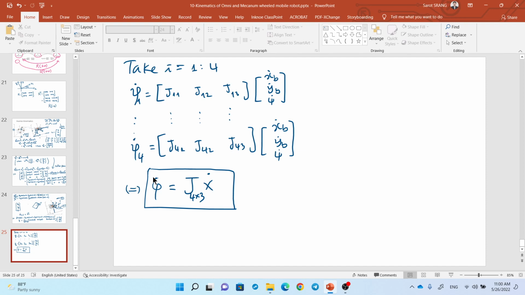No question? Yeah, finally we have very simple equation, right? And J is constant actually. Oh, I should put B here. Yeah, because B is in the body frame.